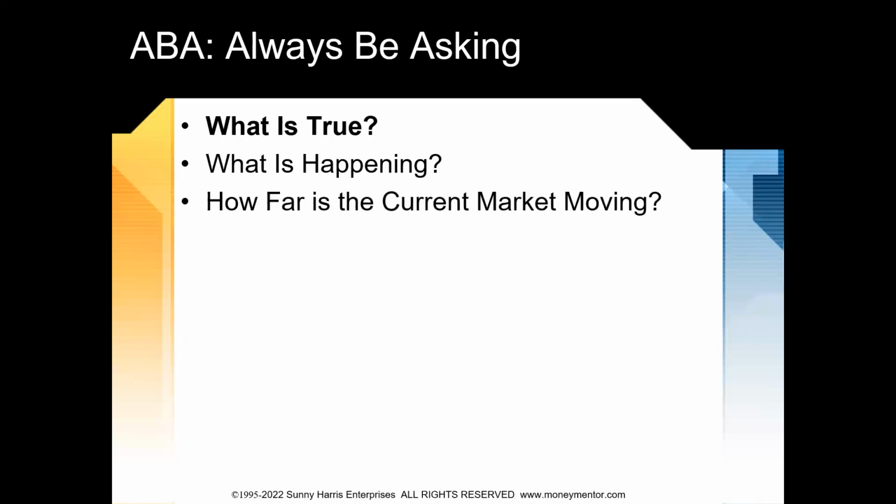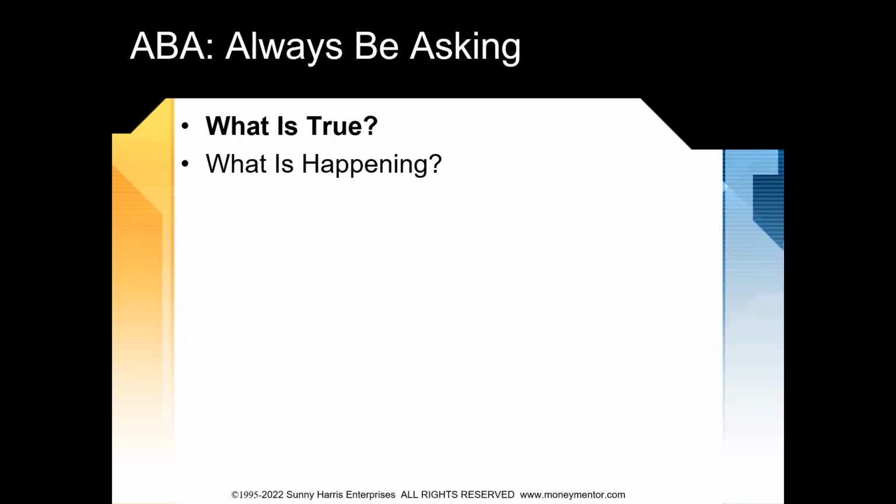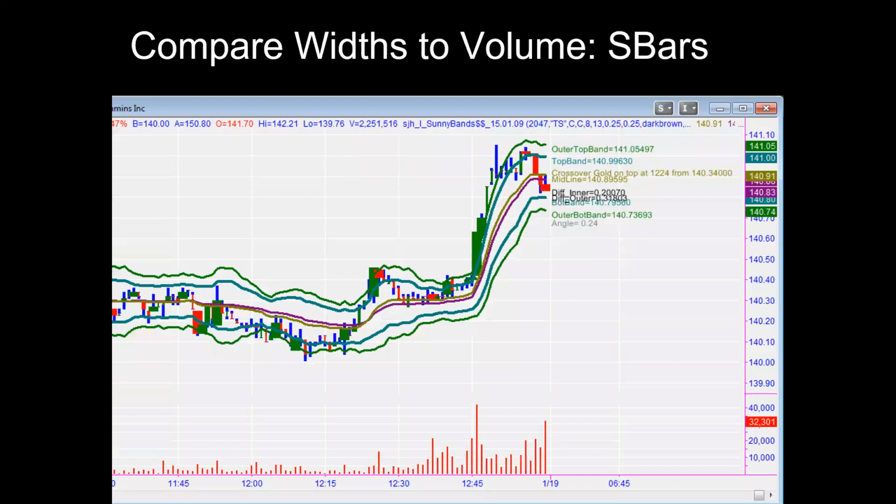How far is the current market moving? Now I know that the market moves between the top band and the lower band. Let me go back a second. See here the outer top band is up here at 141 on this chart. The outer bottom band is at 140.7. And it tells me where's the diff.